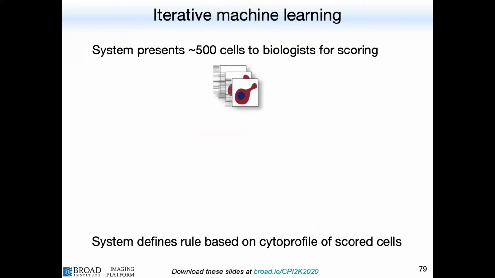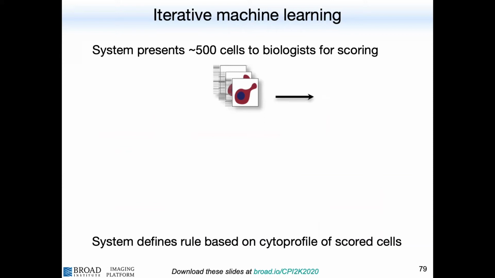All of this is called machine learning, which we know is a buzzword right now. But at its core, it's very simple. It's basically putting things into different classes and letting the machine figure out the features that distinguish those classes from each other.